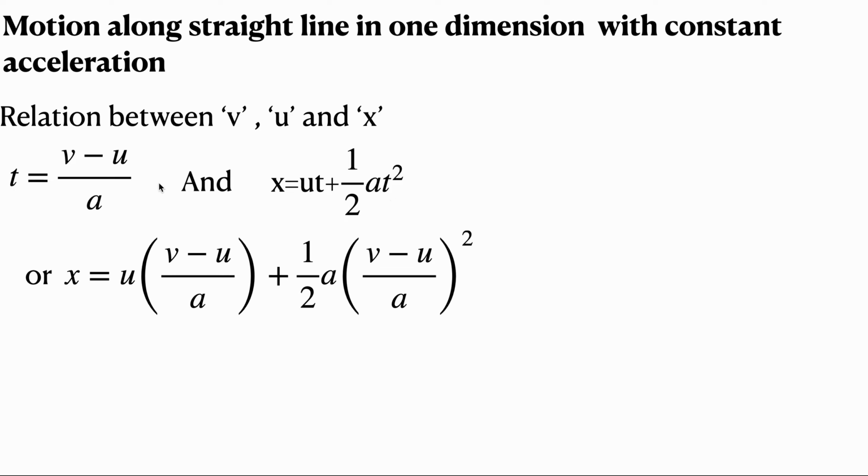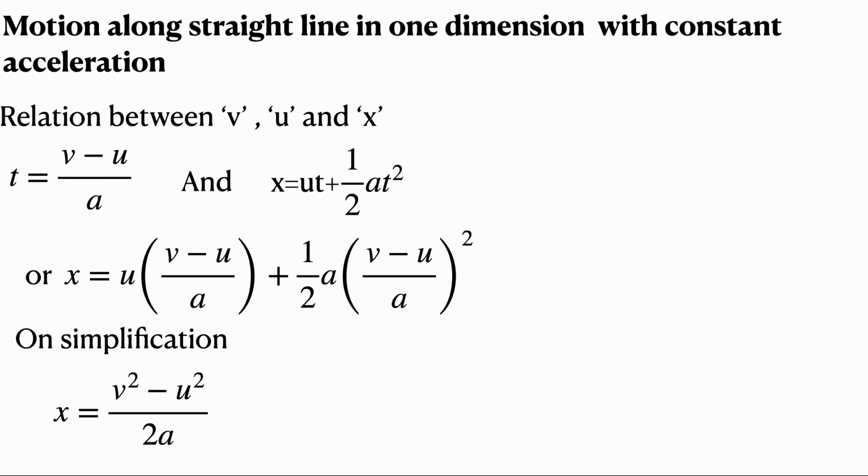If we put the value of t in this equation, we get x equals u multiplied by (v minus u) upon a plus half a multiplied by ((v minus u) upon a) whole square. On simplification, we get x equals (v square minus u square) upon 2a. On further simplification, we obtain v square minus u square equals 2ax, and v square equals u square plus 2ax.